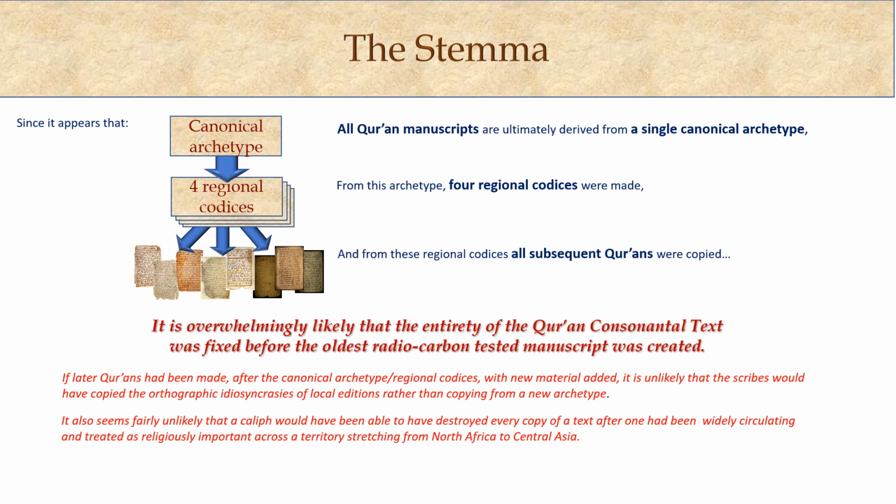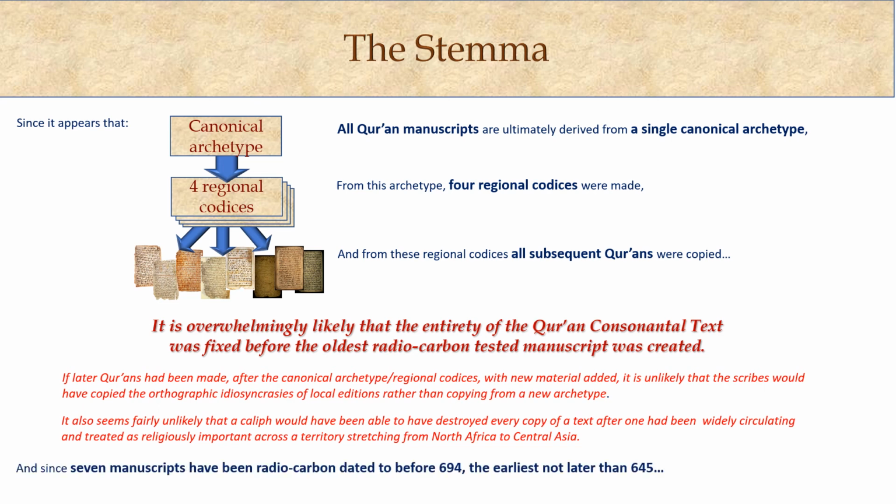But this must have taken place within a fairly confined group of people and a fairly restricted geographical area. By the time a text becomes out there, it's going to be very difficult to capture each individual one, especially when there's a strong motivation for devotees to try and preserve what they would see as religiously important and authentic texts from being corrupted.